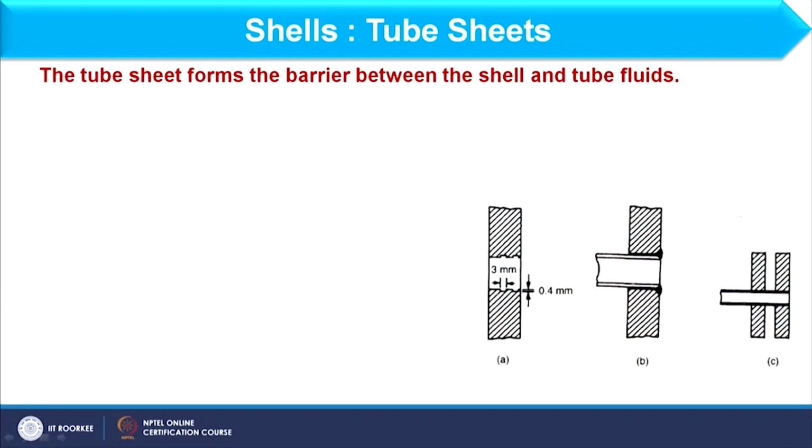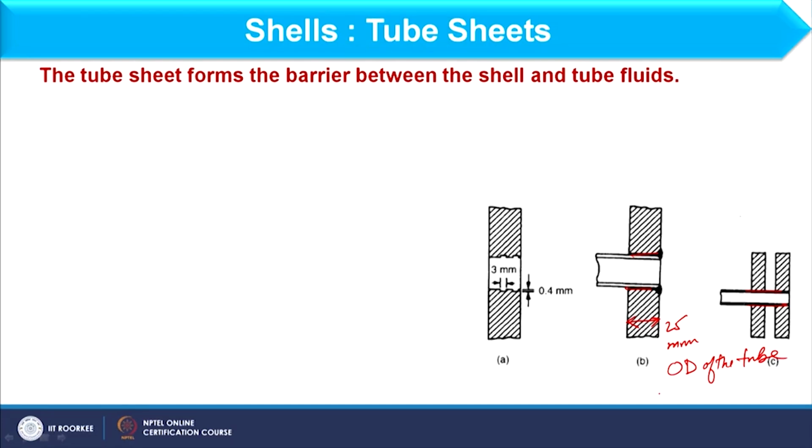Here we have this insertion of tube like this, and some double tube sheets are also provided. So, you can see this thickness of the tube sheet should be at least 25 mm, or it will depend on the OD of the tube, right.